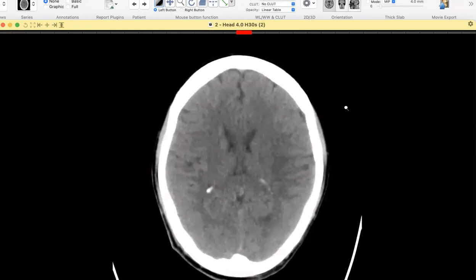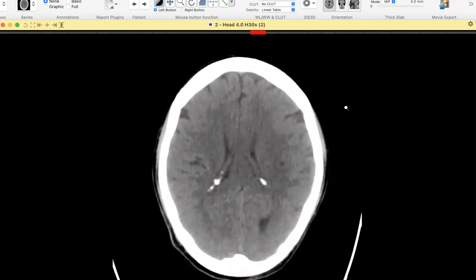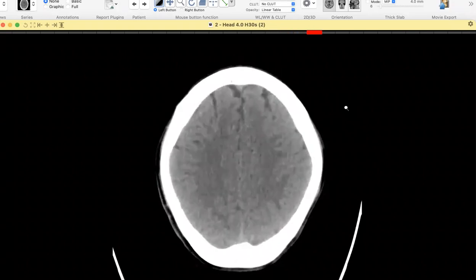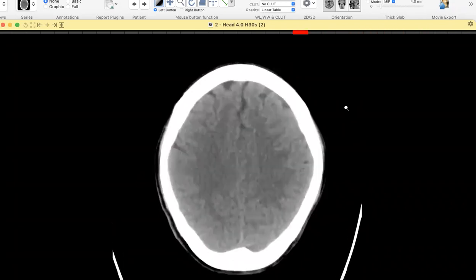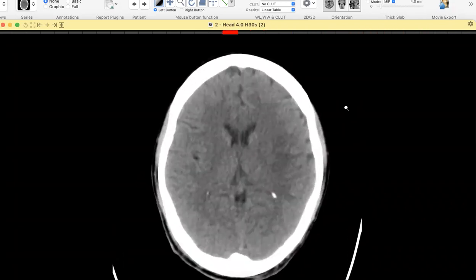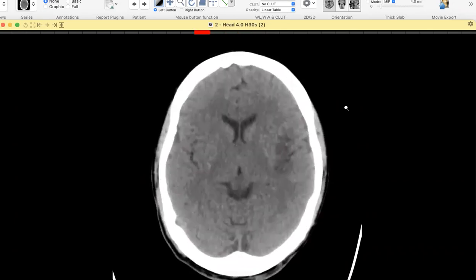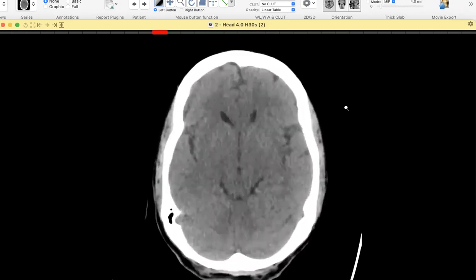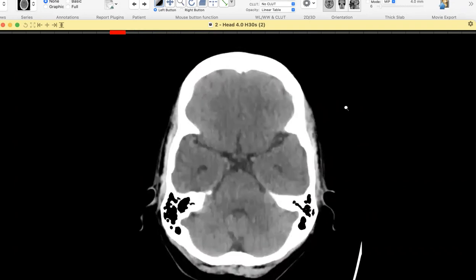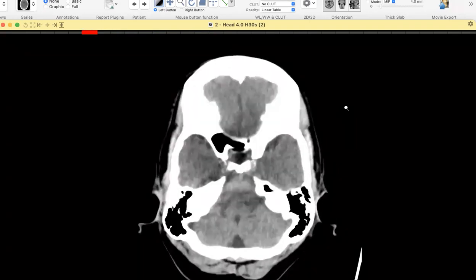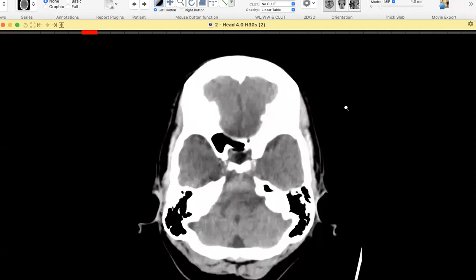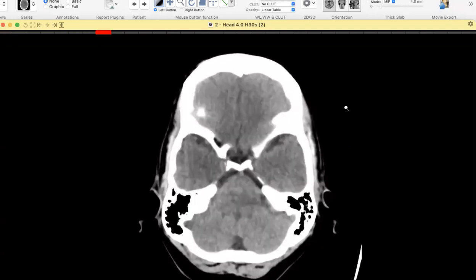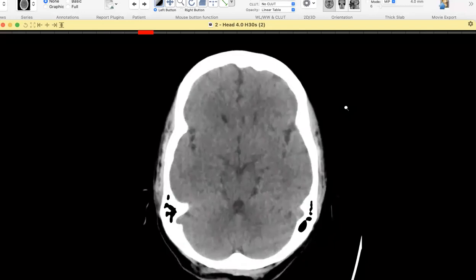So axial non-contrast CT brain. I would want to scroll through the images first to make an impression. I have scrolled through all of the images, and in the very first scroll, I haven't been able to see any gross abnormality.